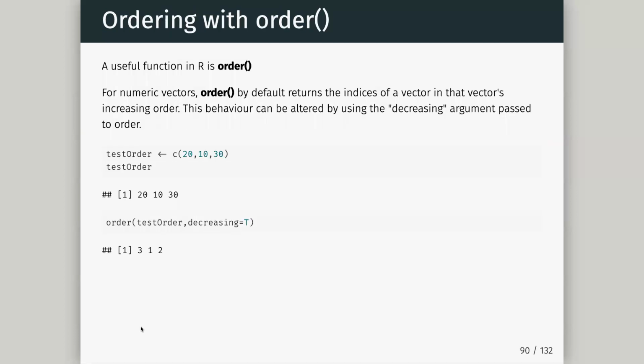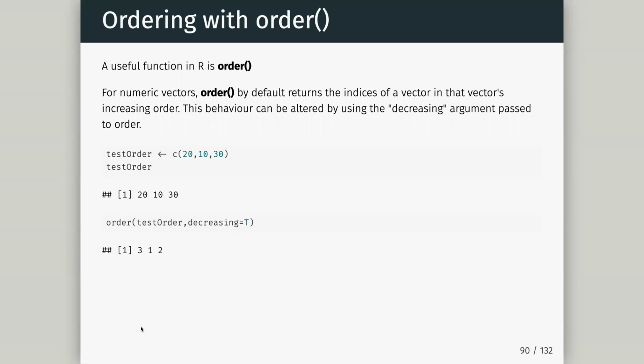So a really useful function in R is the function order. For numeric vectors, order by default returns the indices of a vector in that vector's increasing order. This can be altered by setting decreasing. If we set decreasing equals true, it just flips the order. So in this case, we have 20, 10, 30.